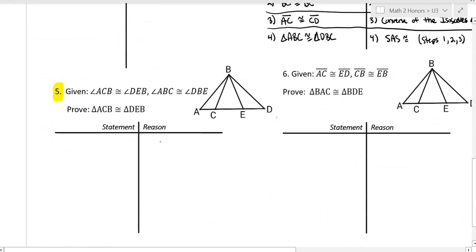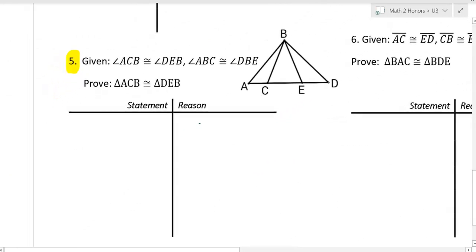Take a look at one more, number 5. Start with our given. Angle ACB is congruent to angle DEB, and angle ABC is congruent to angle DBE.